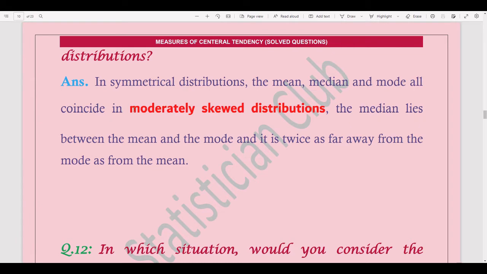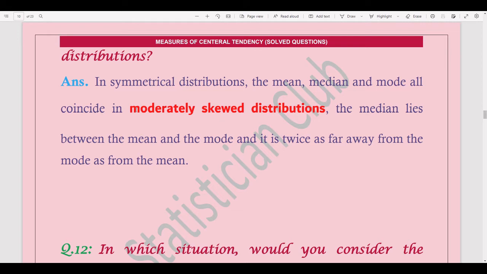They are equal. For any dataset which is symmetrical, its mean, median and mode are equal. Suppose the mean is 5, then the median will be 5 and the mode will also be 5.